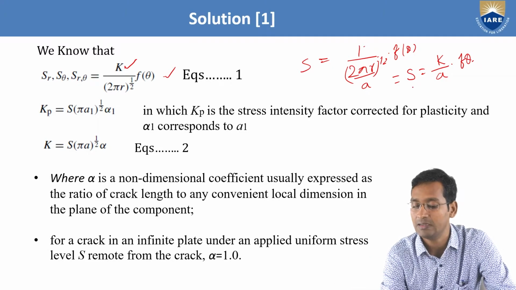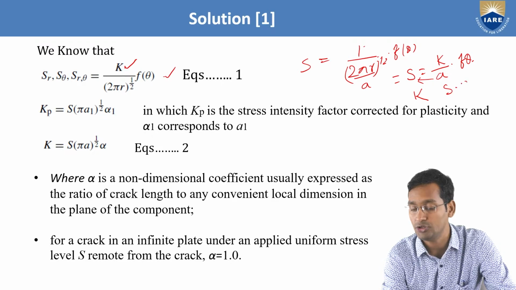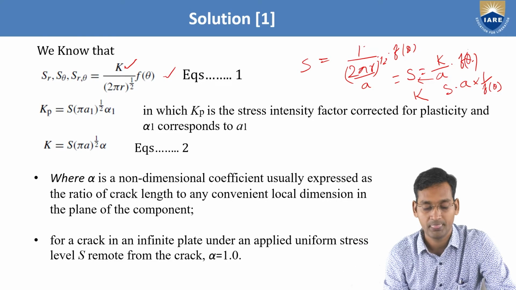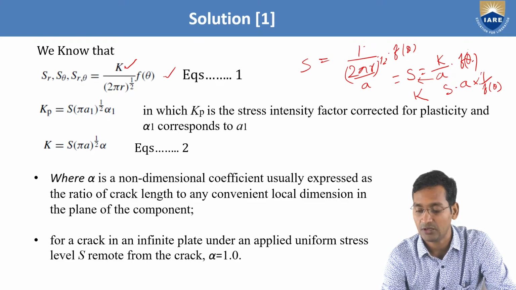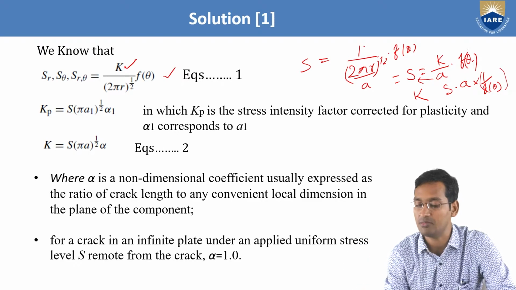Now what you have to find is K. So K will be, let's multiply, S into A into 1 by F of theta. That only is the non-dimensional coefficient here.